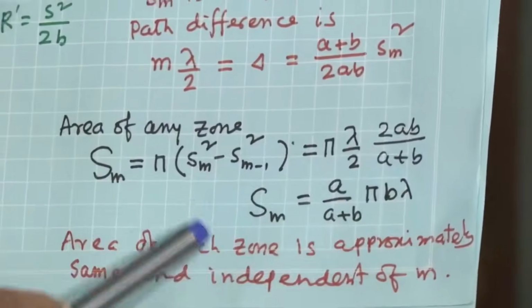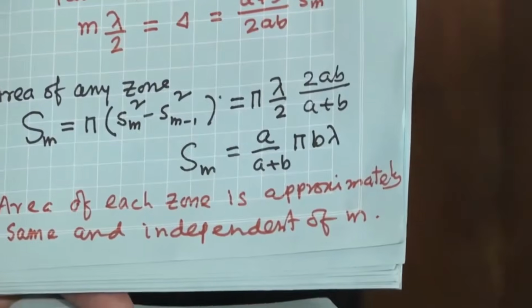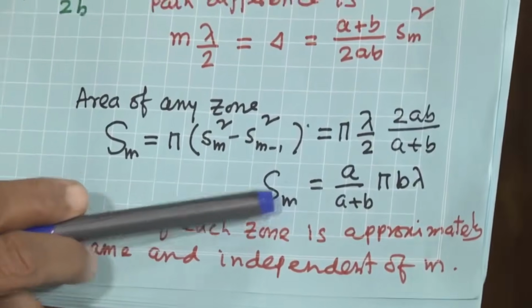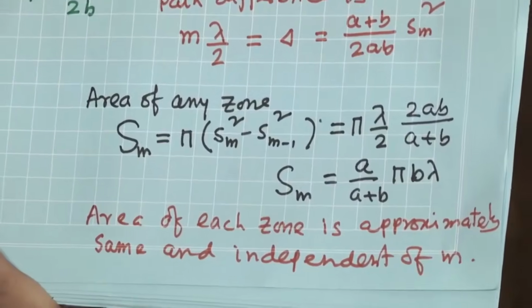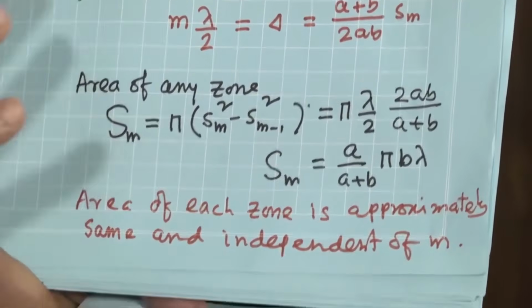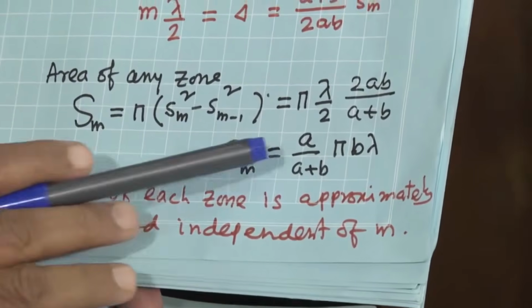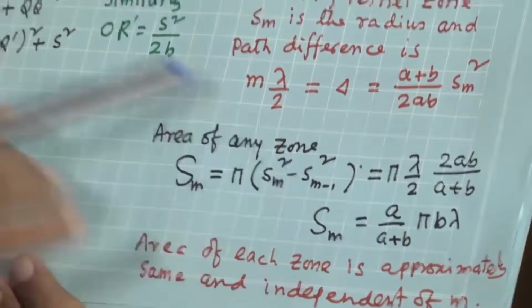The interesting fact is that this area is independent of m. That means the area of each zone, first zone, second zone, third zone, is the same.